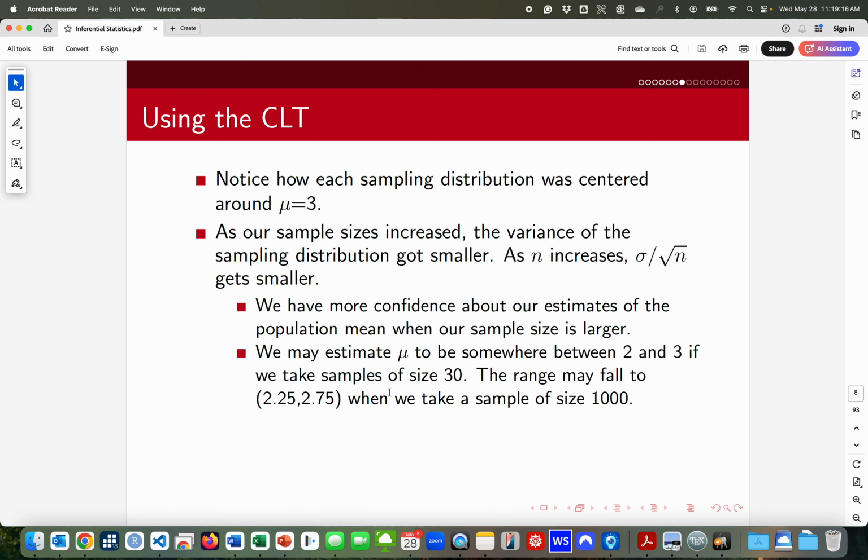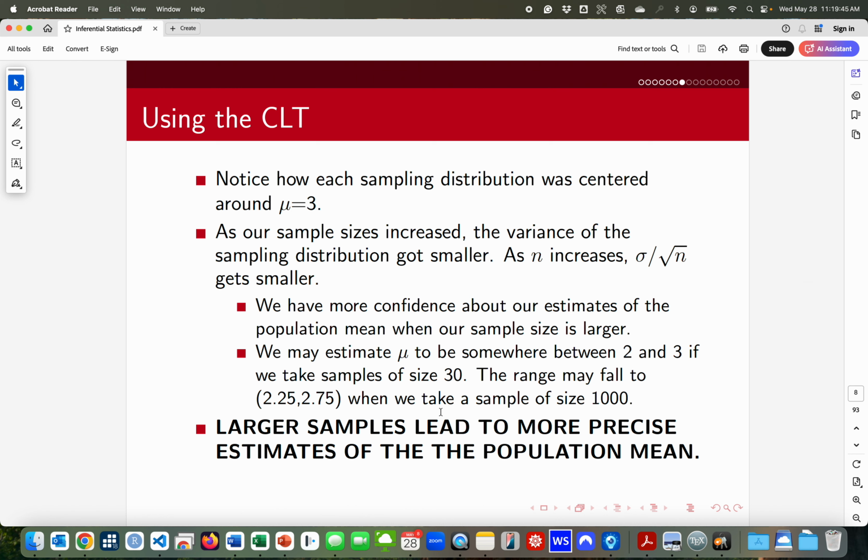You can have more confidence in a smaller interval, or the same level of confidence in a smaller interval, when your sample size gets larger. And we'll talk about all of this in more detail later. If you take one thing away from this slide, it's larger samples lead to more precise estimates of the population mean. More data is better.